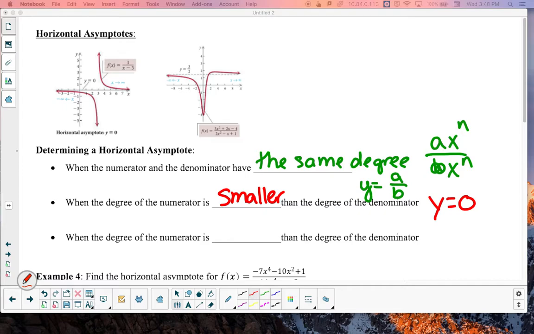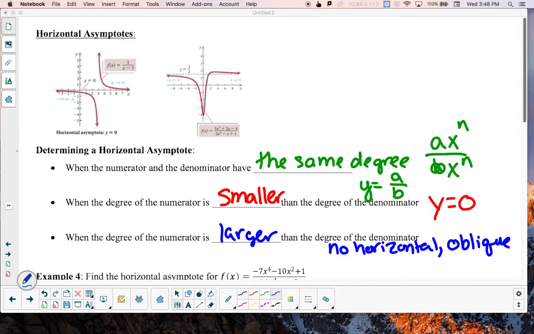And then if our degree in the numerator is larger than the degree in the denominator, this means that we're not going to have a horizontal asymptote, but an oblique. And we'll talk more about oblique asymptotes in class.